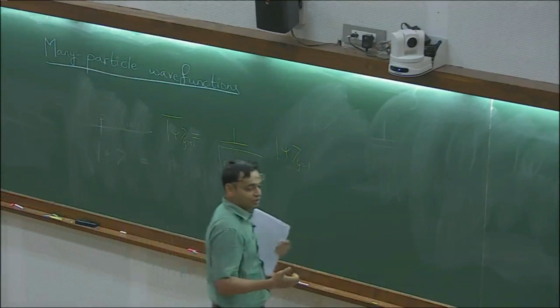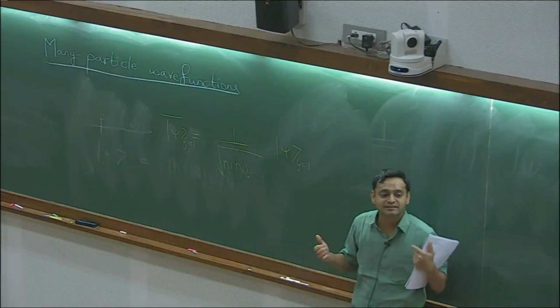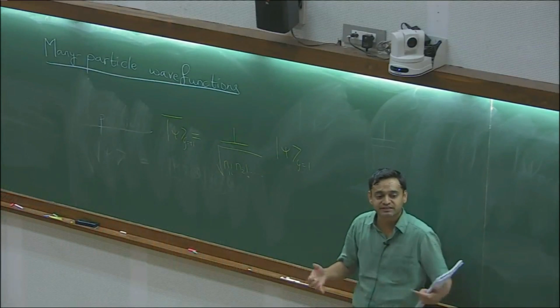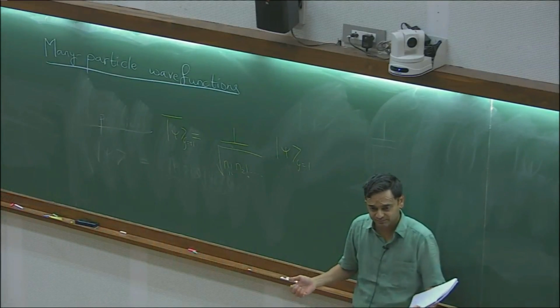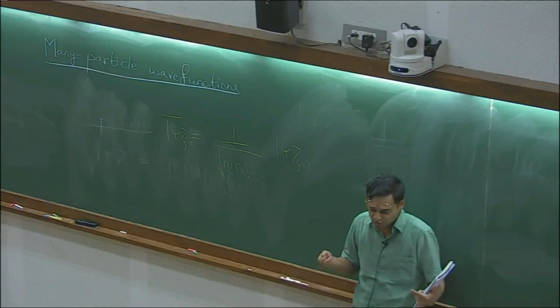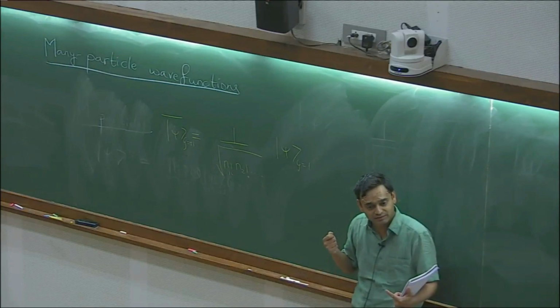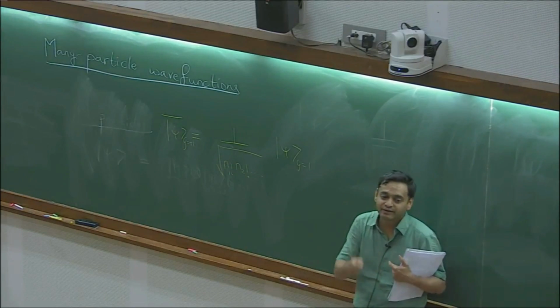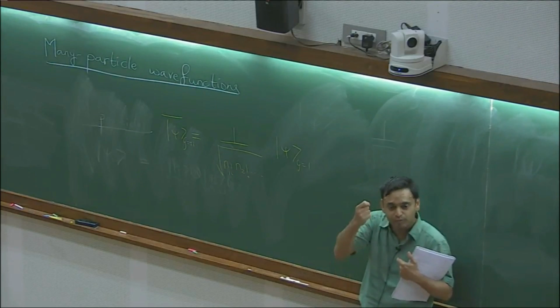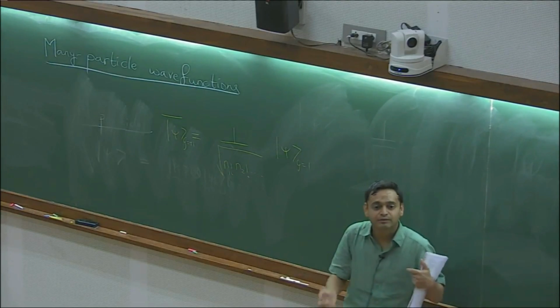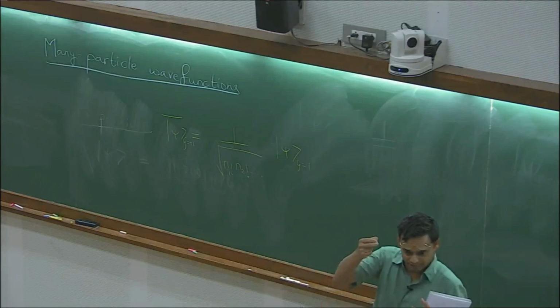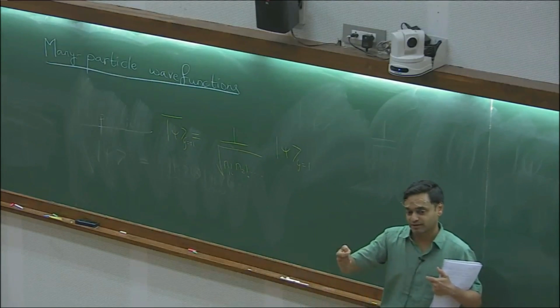Now this describes all the wave functions or all the kets that you use to discuss the physics of n identical particles. But there are many physical situations where you want to talk of adding or removing particles. Many experiments, in effect, add a particle into the system or remove a particle, right? For example, when you do photoemission, you remove a particle and you ask what energy and momentum it had.